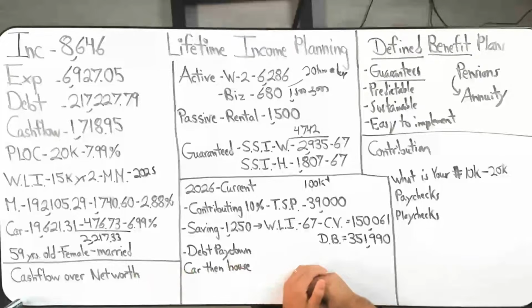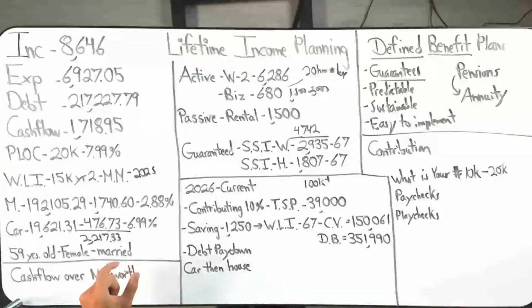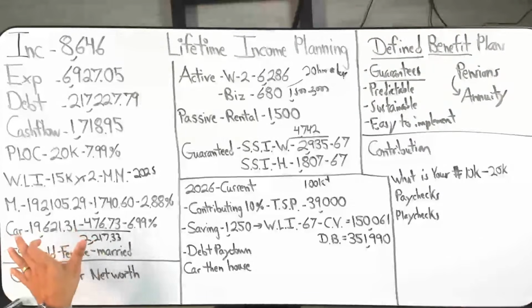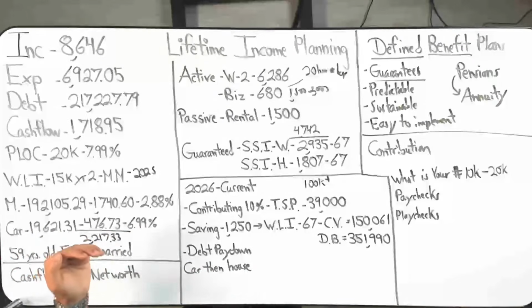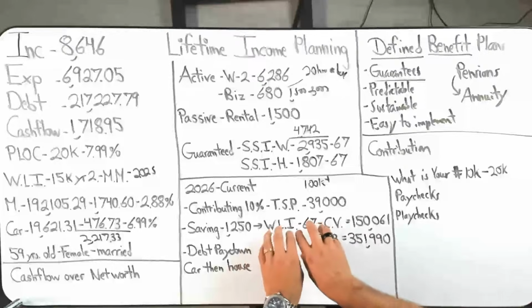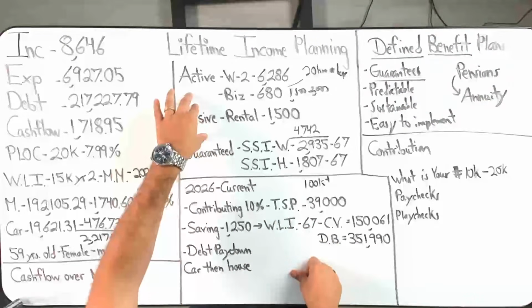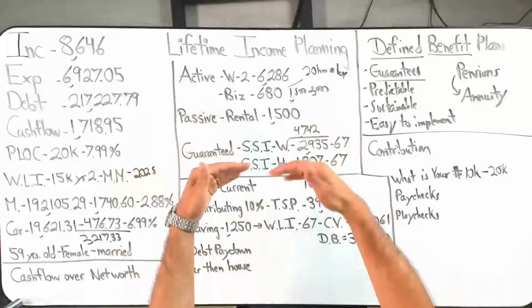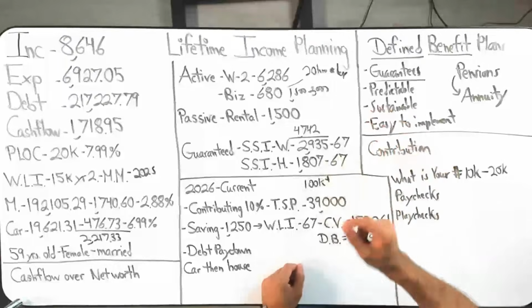Another way of thinking is we could keep the car note and not see that as a problem. Let that be. Make sure it's fully insured and covered. And we will actually direct this capital towards the passive income column to invest for cash flow, not net worth.